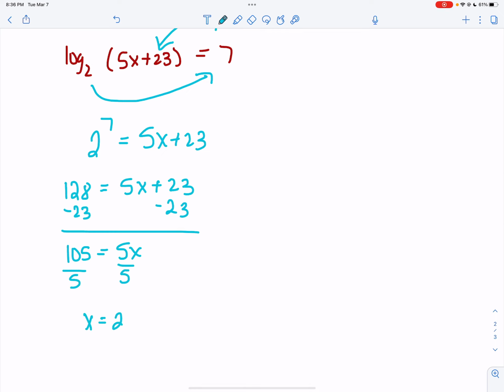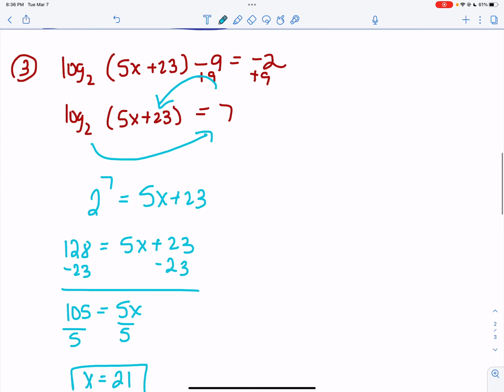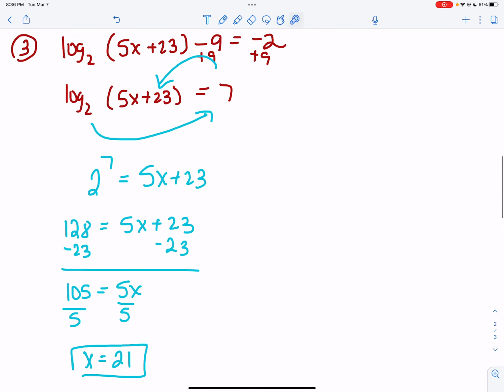Or so I think. I don't know. Well, if I were to plug in 21 here, I'm going to get 5 times a really big number. Well, 5 times 21 is 105, plus 23 is 128. Since 128 is inside my argument, aka it's not negative, then we know that 21 works as a solution.